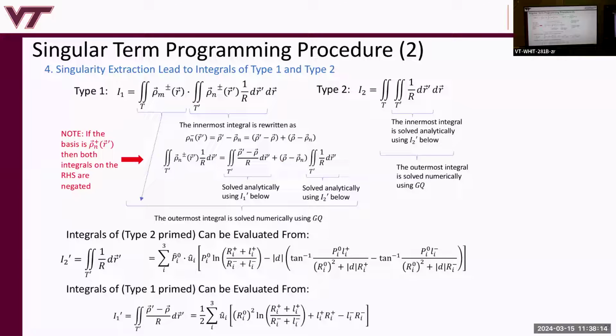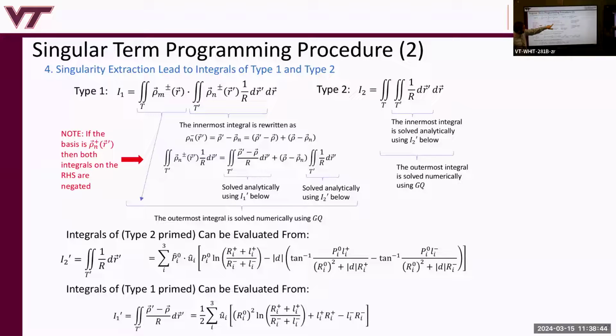We say rho n minus is equal to rho prime minus rho n, where rho n is the free vertex, I think. Or no. What did we do here? Rho n is still there. Excuse me one second. I keep coughing. Okay, rho n minus is the minus side, for example. Well, that's just equal to rho prime minus rho n.